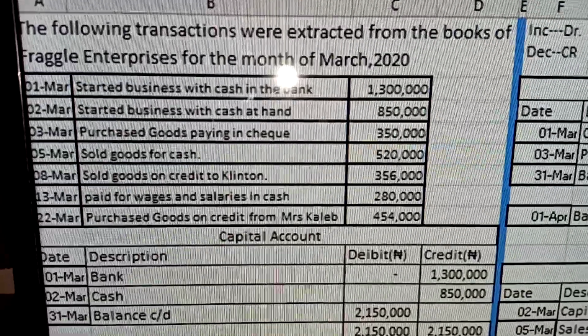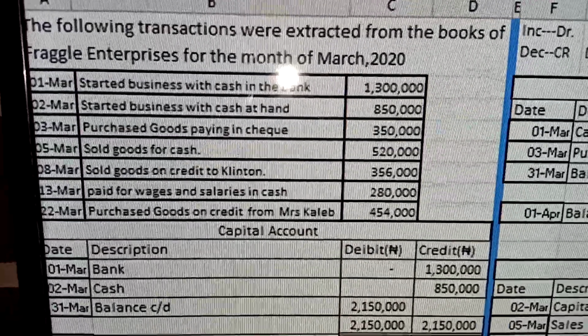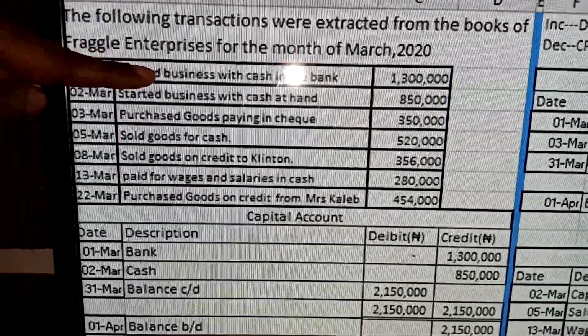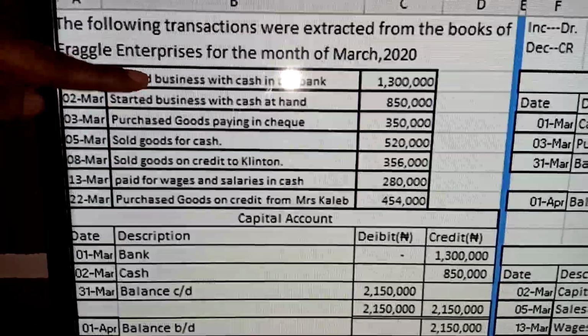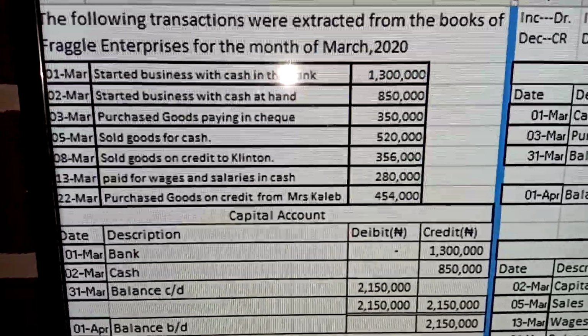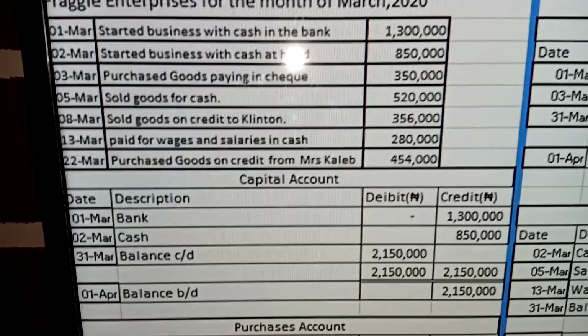So as such, capital is always seen as a liability. So here, capital is a liability, and liability is increasing. So what do we do? You credit capital.